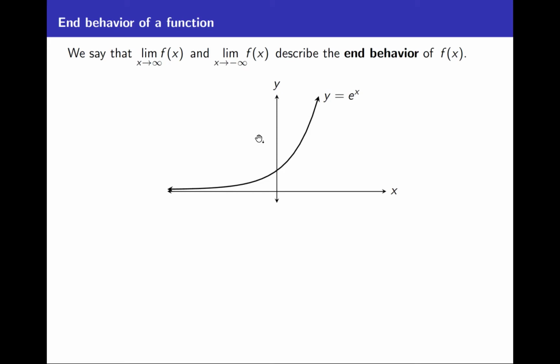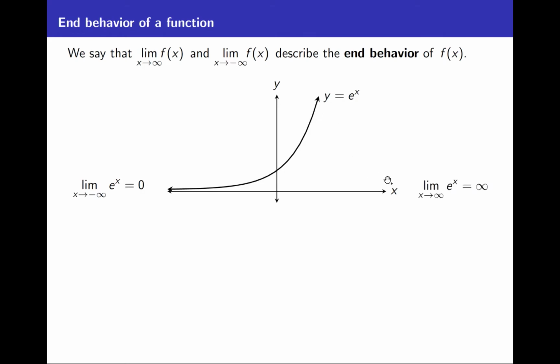To indicate this, think about the graph of y equals e to the x. For this function, if x goes to negative infinity, e to the x is getting closer and closer to 0. So we see that the limit as x approaches negative infinity of e to the x equals 0. Whereas if x goes to positive infinity, e to the x is just getting bigger and bigger and bigger.